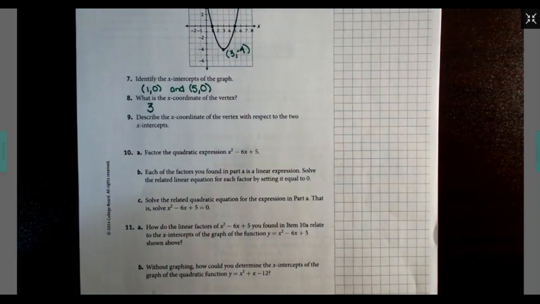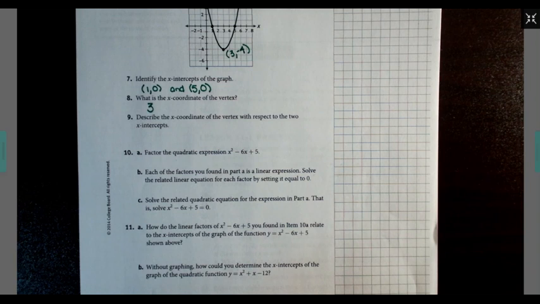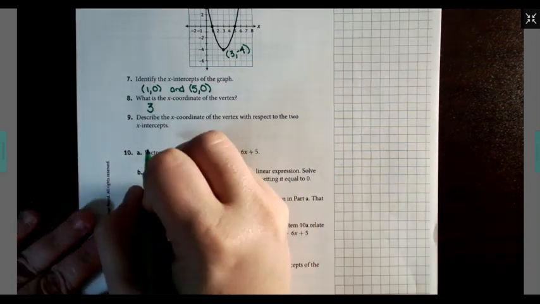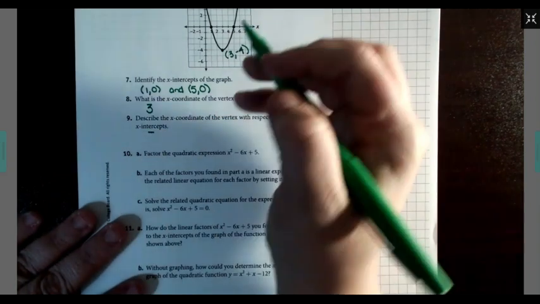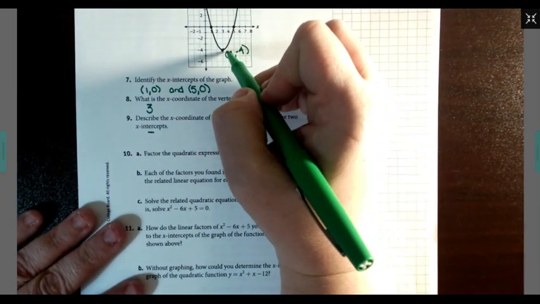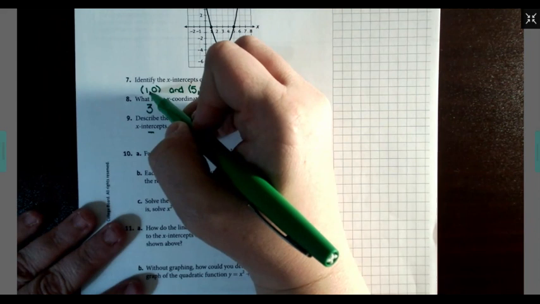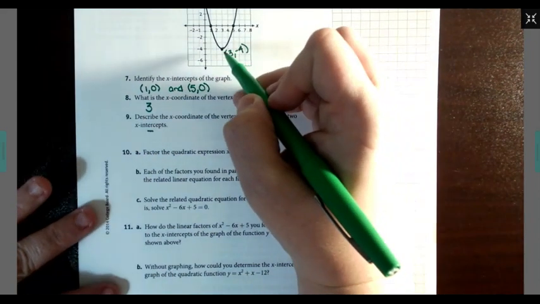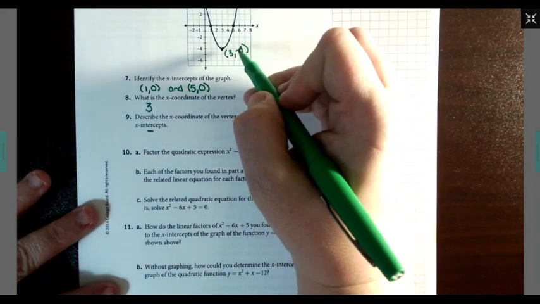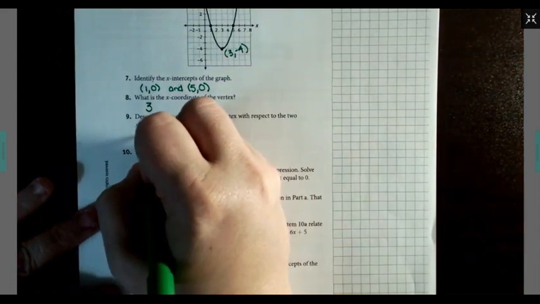Describe the x-coordinate of the vertex with respect to the two x-intercepts. Well, remember, to go from 3 to 1, that's 2 places. And to go from 3 to 5, that's 2 places.